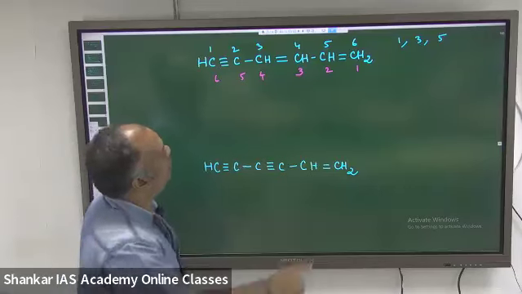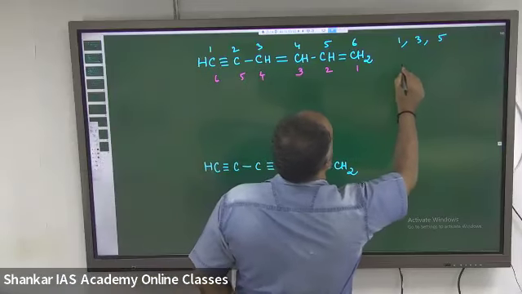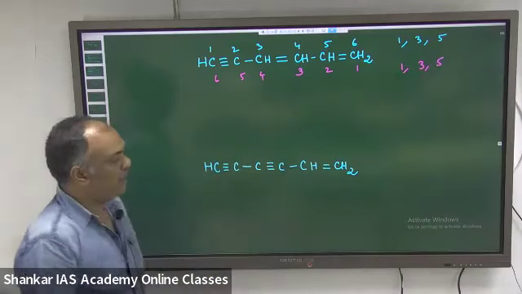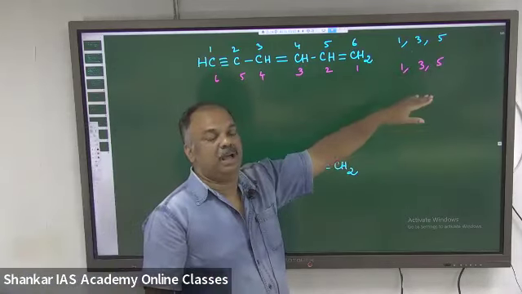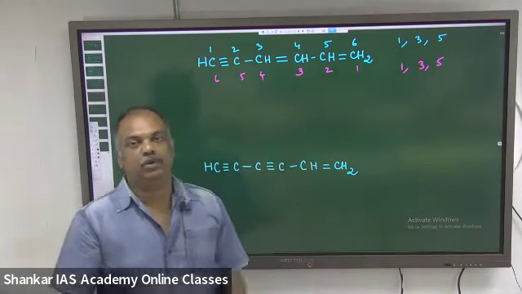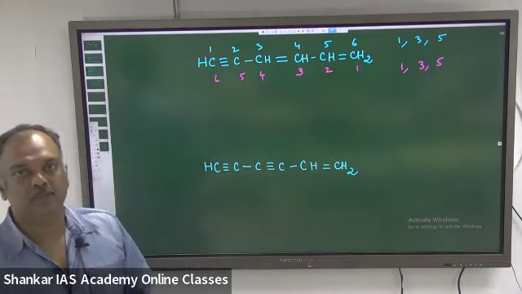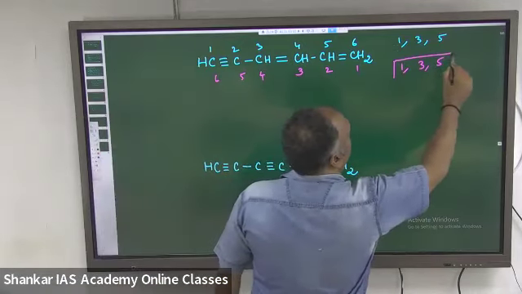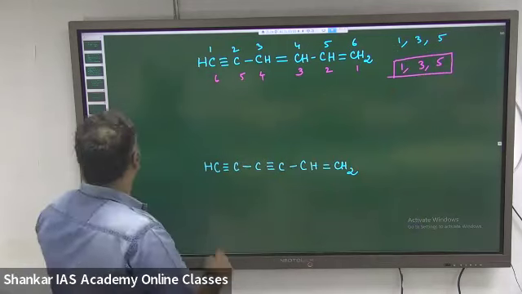Again you have functional groups at 1, 3 and 5. So both the numberings are the same. In such a scenario, we give preference to alkenes. So alkene is given preference, and this numbering is followed.